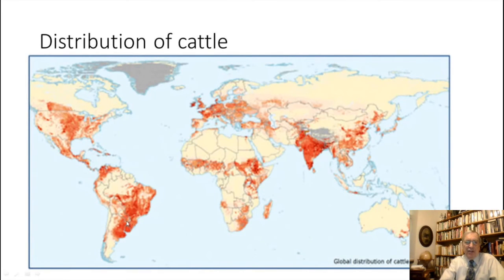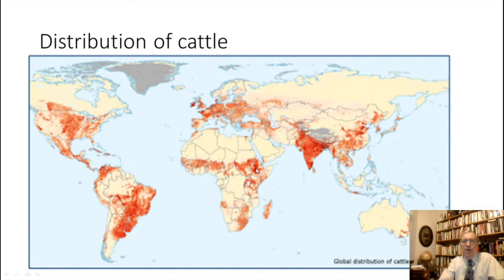The Pampa of Argentina, we talked about it in terms of wheat and corn and so forth, but it was also one of the biggest beef producing areas of the world. And Argentina is a big exporter of frozen beef, particularly to Europe. Europe has a lot of cattle. Basically, wherever you see people, you find cattle.